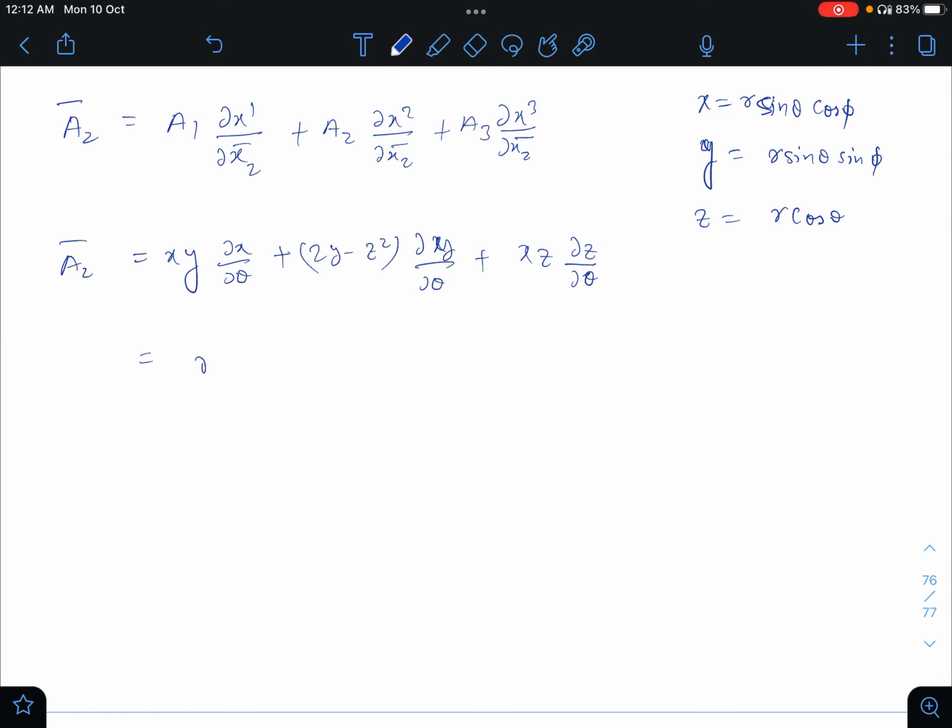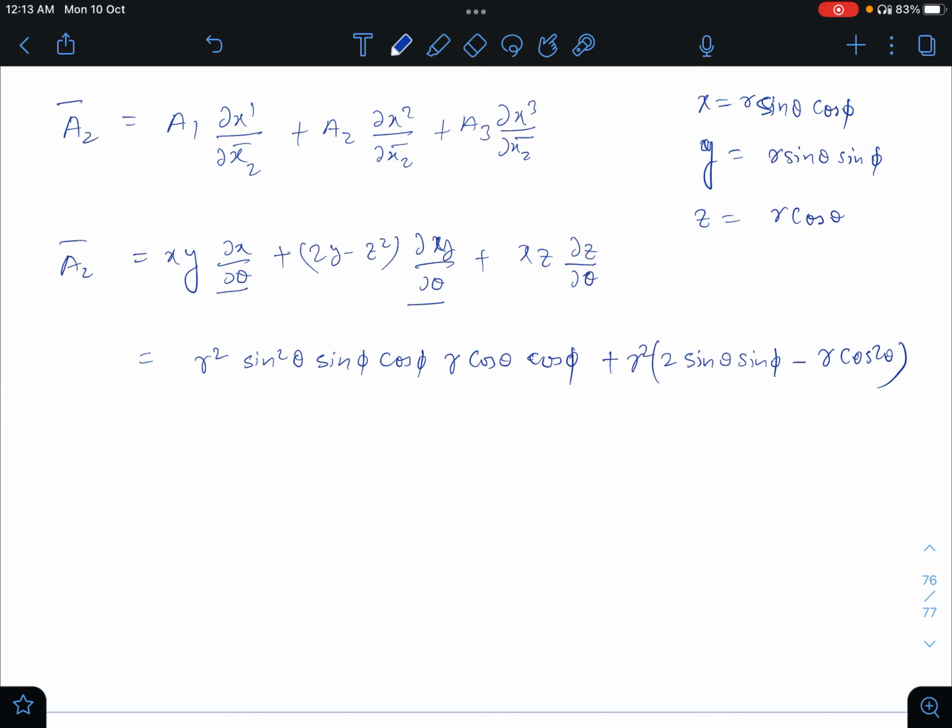It is equal to r square sine square theta sine phi cos phi. I have simplified in short, and this del x upon del theta will become r cos theta cos phi, plus 2y minus z square will become 2r sine theta sine phi minus r cos square theta, and this del y upon del theta will become r cos theta sine phi.